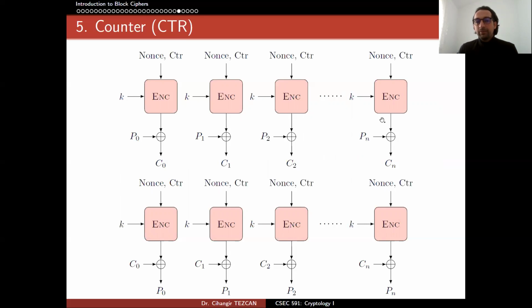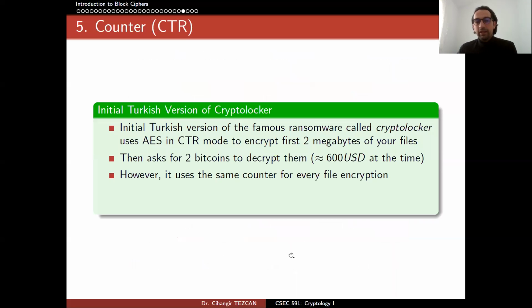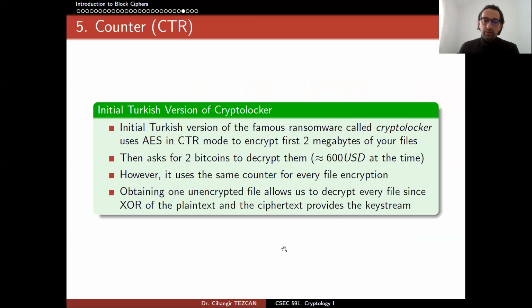If you know this, and since they use the same counter for every file, now for another encrypted file, you just XOR with these values and you get the plaintext. This way we actually rescued a lot of files of a lot of people, but after that they also noticed this problem and updated the ransomware. So if it is implemented in a good way, there is actually nothing you can do to recover your files.